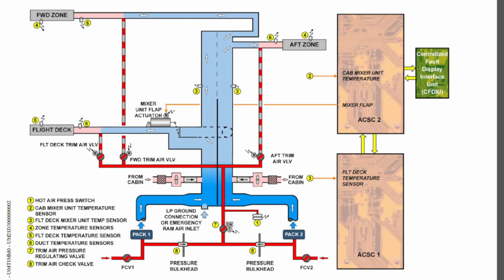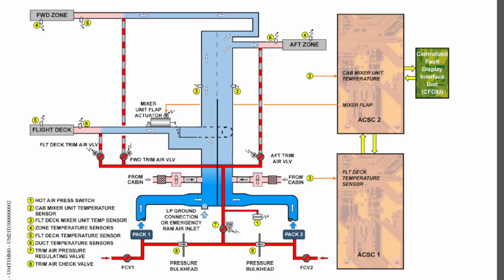When we talk about the recirculation system, the quantity of cabin air which will be mixed with the conditioned air will vary from 37% to 51%. That is basically the mixing ratio of the cabin air to the pure or conditioned air coming from the packs.